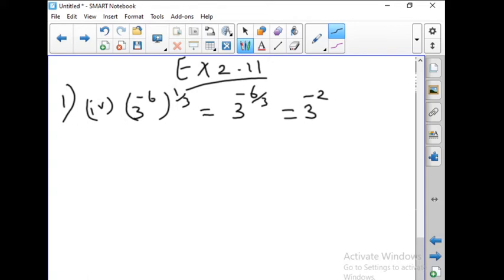So 3 power minus 2 is equal to 1 by 3 square, which is equal to 1 by 9.